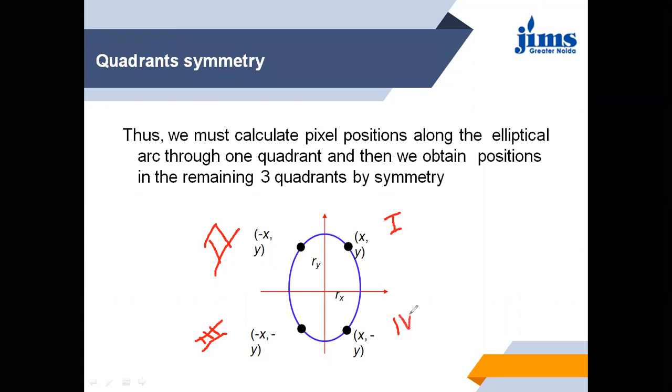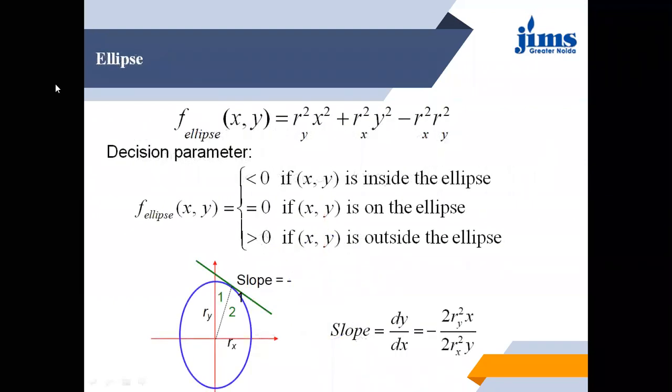If we find the value of coordinates in one quadrant, then we can find them in other quadrants also, because we can reflect these points. So the symmetry remains in all the quadrants. So there is no need to find out the pixels in each and every quadrant.